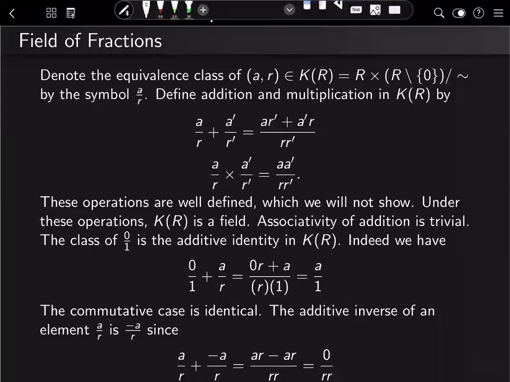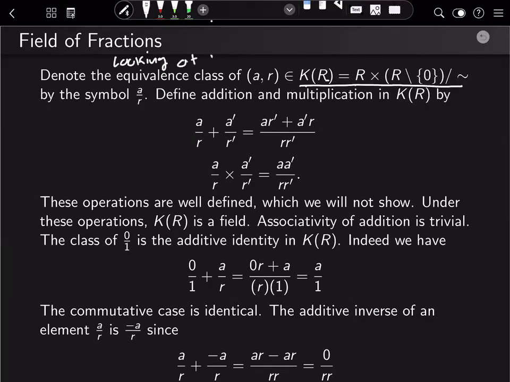So we're going to denote the equivalence class of A comma R. Here we're just letting K of R be equal to R cross R set minus 0, modded out by our equivalence relation. So now we're looking at the set of equivalence classes.